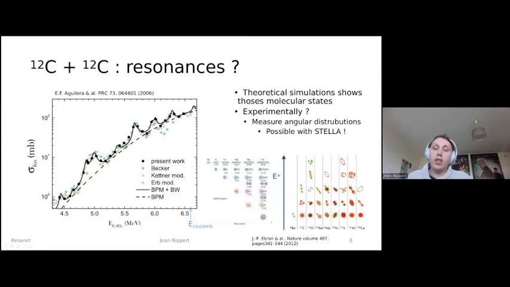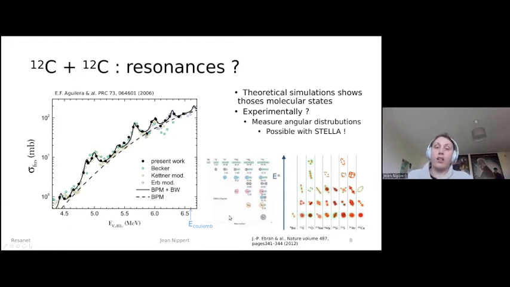So Ikeda had the idea that inside the nucleus, you can have configurations of lighter nuclei. For example, in magnesium-24, you can have neon-20 plus alpha, carbon-12 plus carbon-12, or other more complex configurations if you go up in energy.